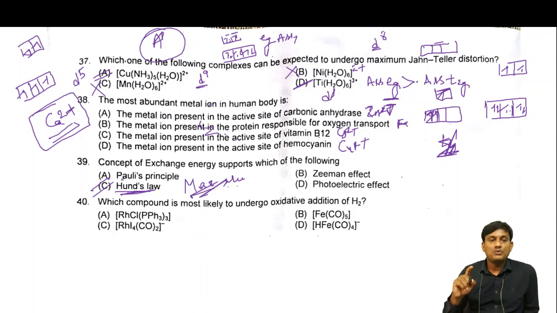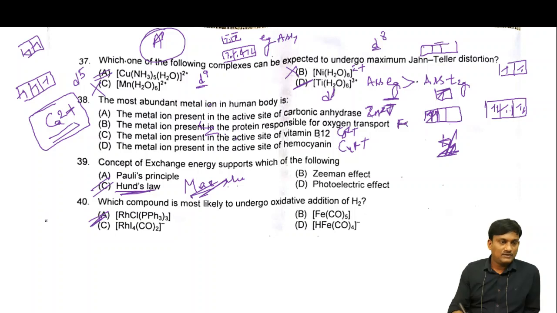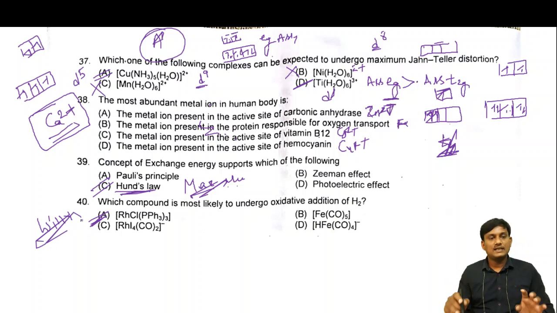Which compound is most likely to undergo oxidative addition of hydrogen? We know that this one is a very famous catalyst, Wilkinson's catalyst. This catalyst is used for hydrogenation of alkenes. It's a homogeneous catalyst. In this hydrogenation, the first step is the addition of hydrogen to this complex.